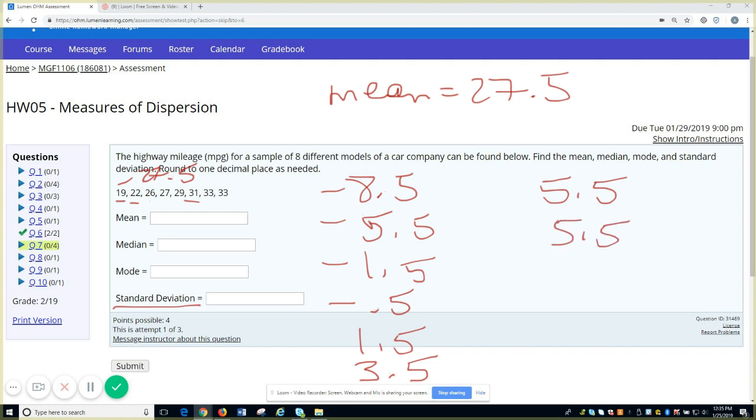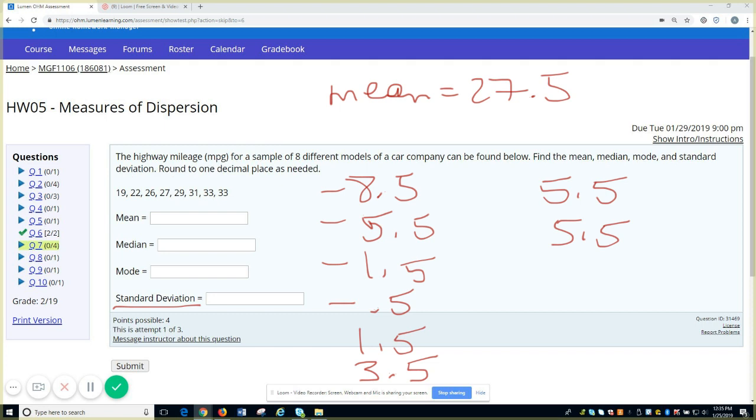Now, the thing about these deviations is that if you add them all together, they should add up to 0. That's one way to make sure your deviations are correct. So I'm going to check that.